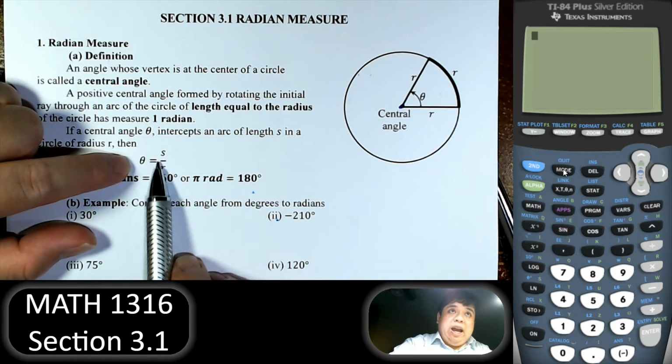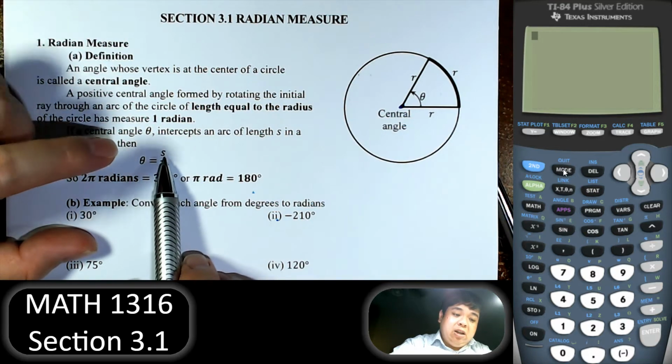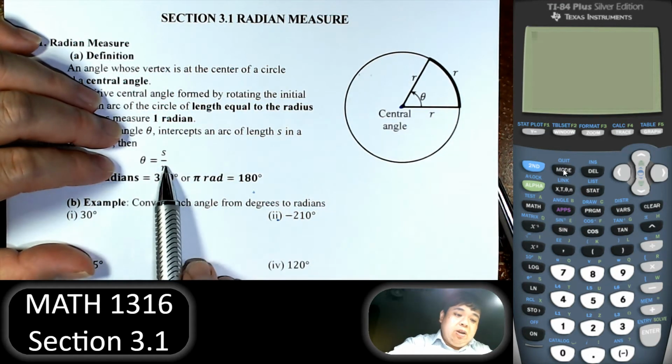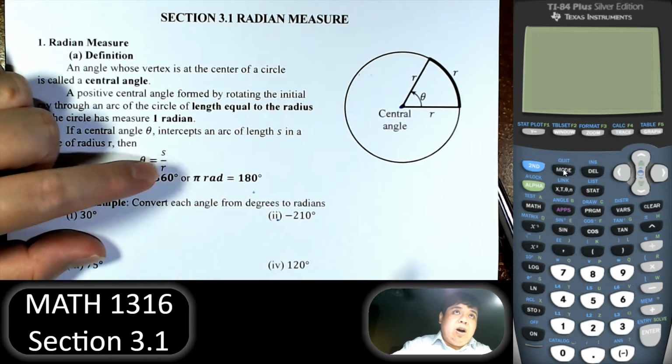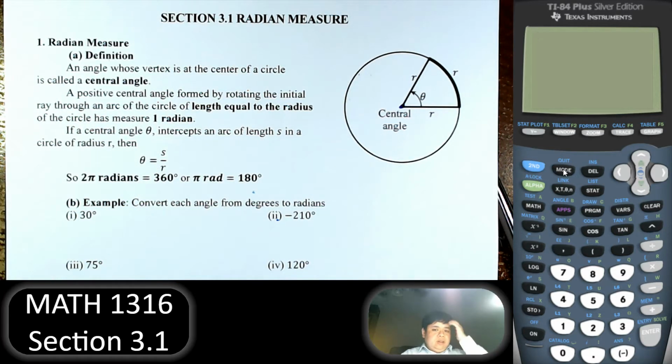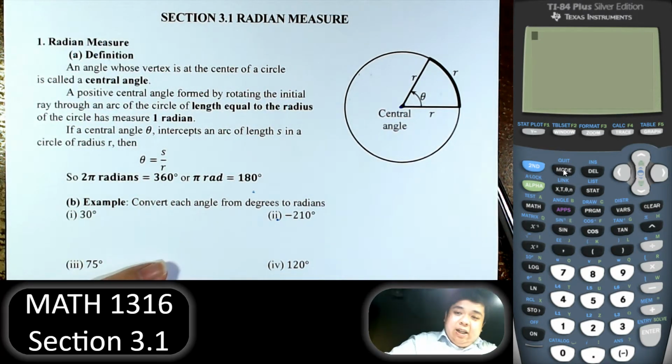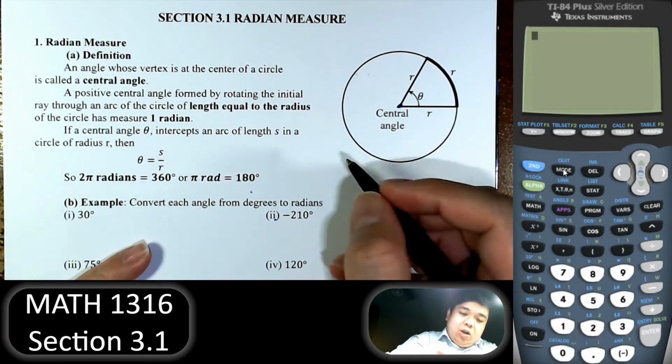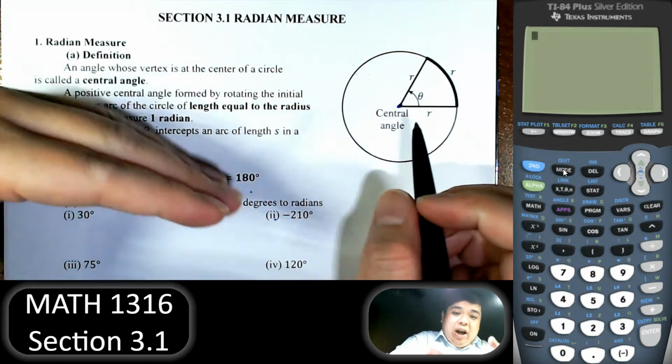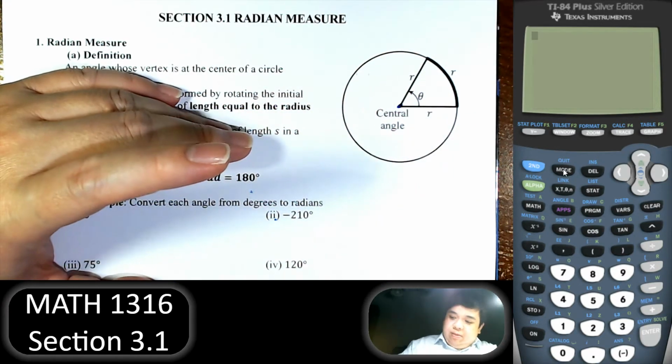So the measure of the angle is given by the ratio of the arc length over r. Now, how much is 1 radian, you ask?